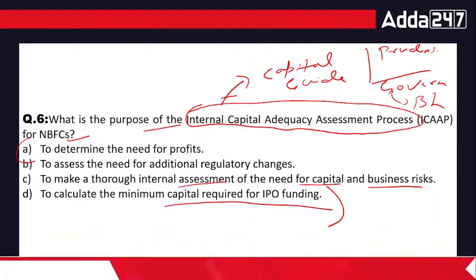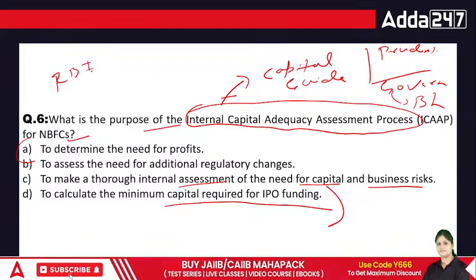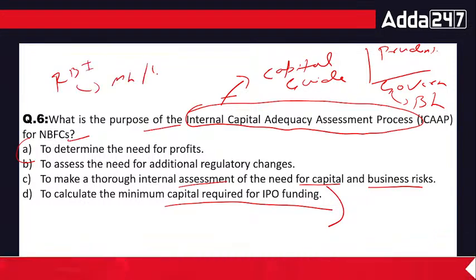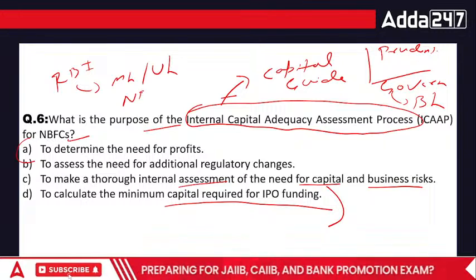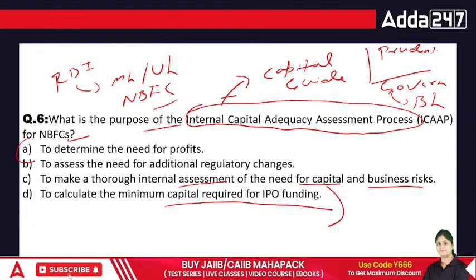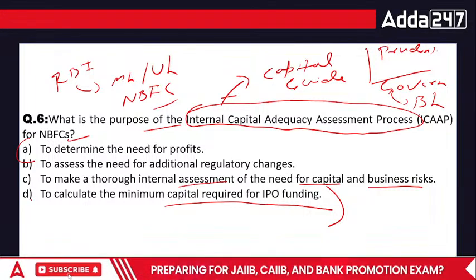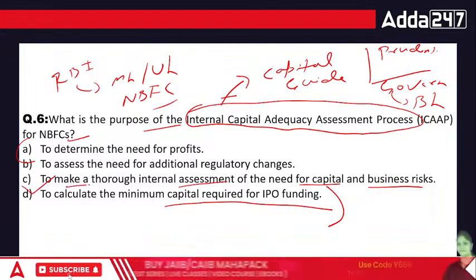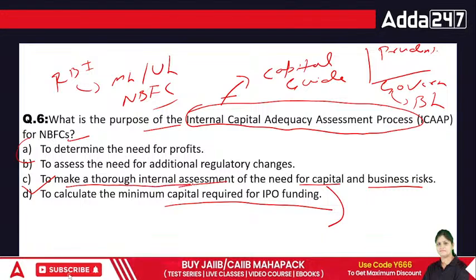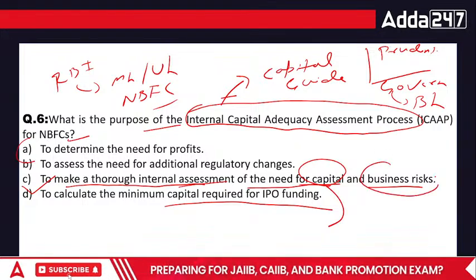See, the ICAAP, RBI has given the direction to all the ML and UL category NBFCs that they have to prepare their own internal capital adequacy assessment process, right? So what is the right answer? The purpose of this type of assessment is to make a thorough internal assessment of the need for capital and the business risk, right?